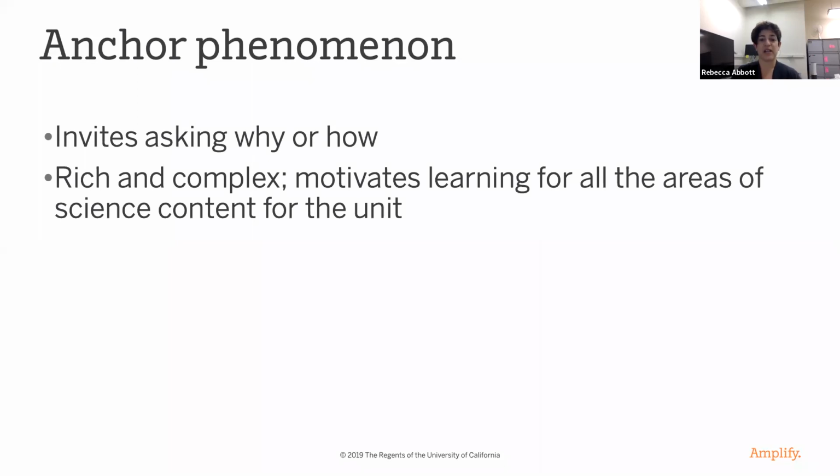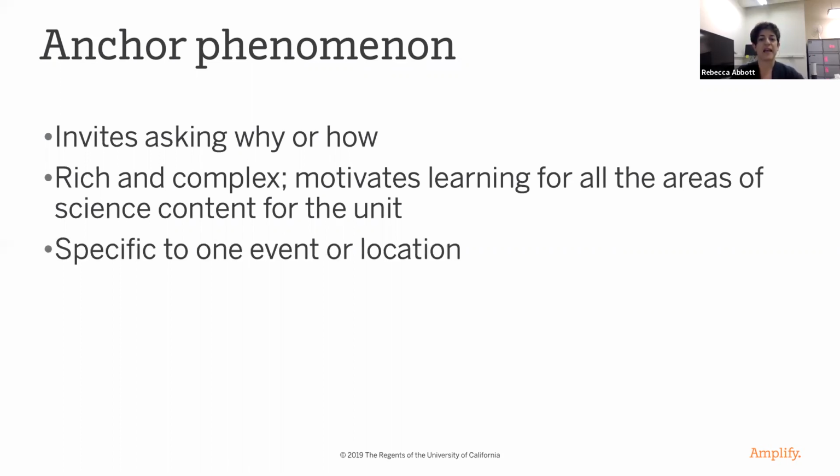It needs to be rich and complex enough that it can motivate the learning and the investigations for an entire instructional unit, however long that lasts. And an anchoring phenomenon, like someone mentioned in the comments, is specific to one event or location. It's not just generally, how does something work out there in the universe? So for instance, we asked what caused the storms in Galetown to become more severe, not just what causes storms to be severe in general.